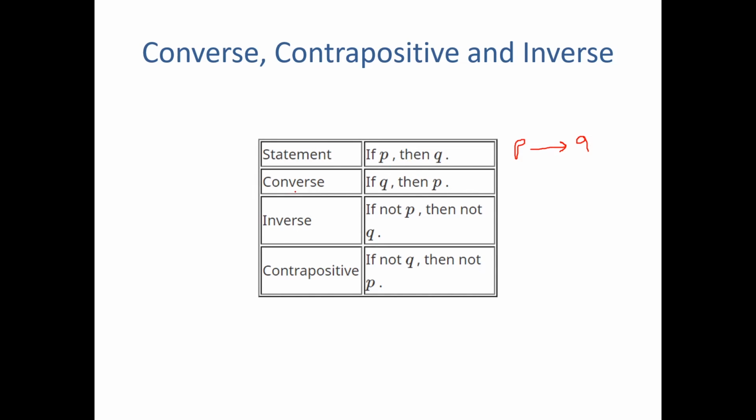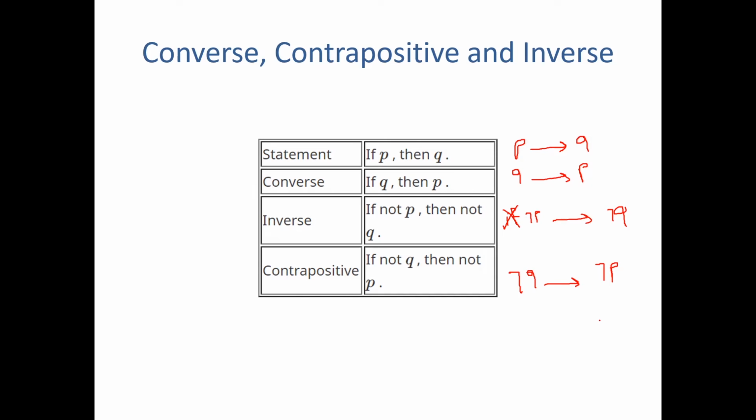The converse is simply flipping the variables, so it's now Q implies P. The inverse says, if not P, then not Q. Now, the contrapositive is adding the negation and flipping the variables. So not Q implies not P.